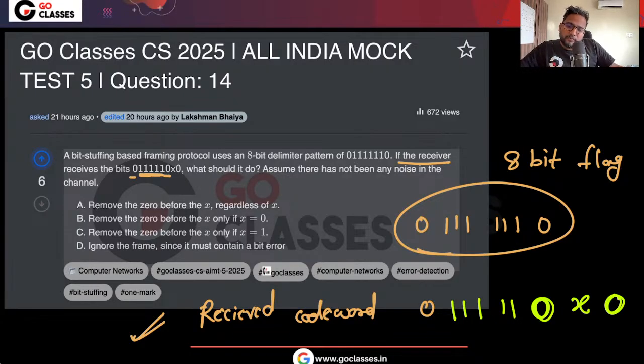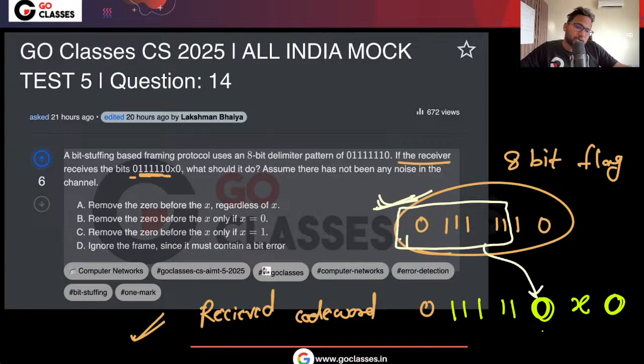Now, if this is your flag, then what does this mean? We have already seen in computer networking lectures that you will be appending a 0 if this kind of pattern appears in the data. So if this is your flag, there's an obvious rule that you will be appending a 0 after 0 and then 5 ones. After 0 and 5 ones, you will anyway be appending a 0. So this 0 is appended. It doesn't matter what is next.